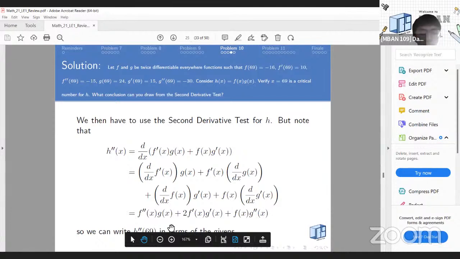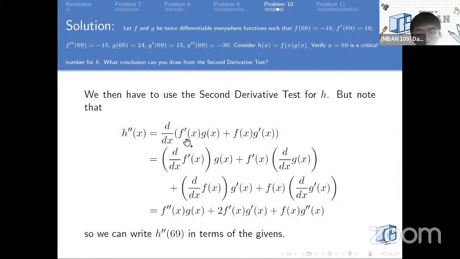So we can write h double prime of 69 in terms of the givens. So yan, pwede na tayong mag-substitute using our given.